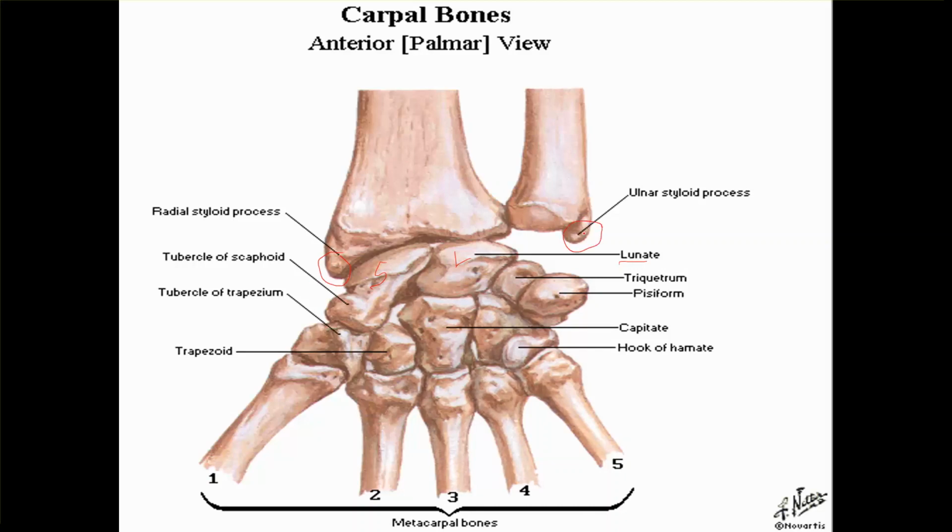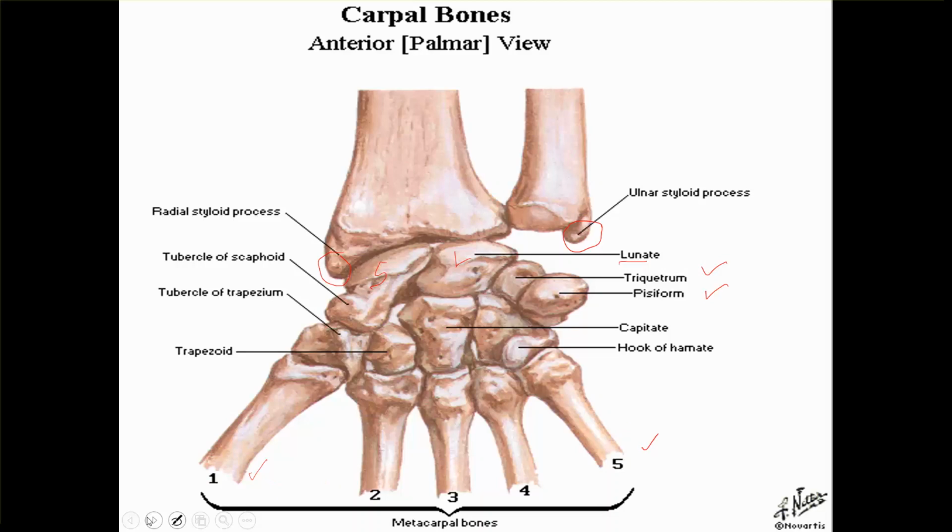The other bones: this is the triquetrum, and then you have the pisiform, and then the next row, which I just explained previously. Coming to the metacarpal bones, this will be the first metacarpal, you start from the thumb, and then you go to the last metacarpal bone.